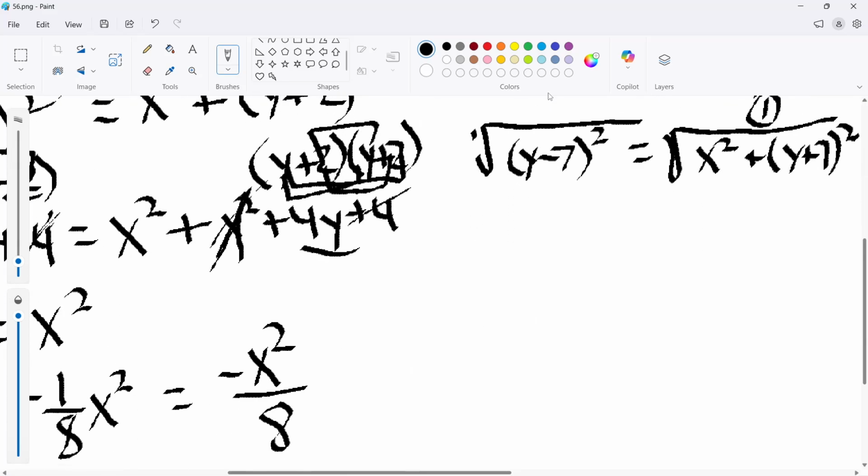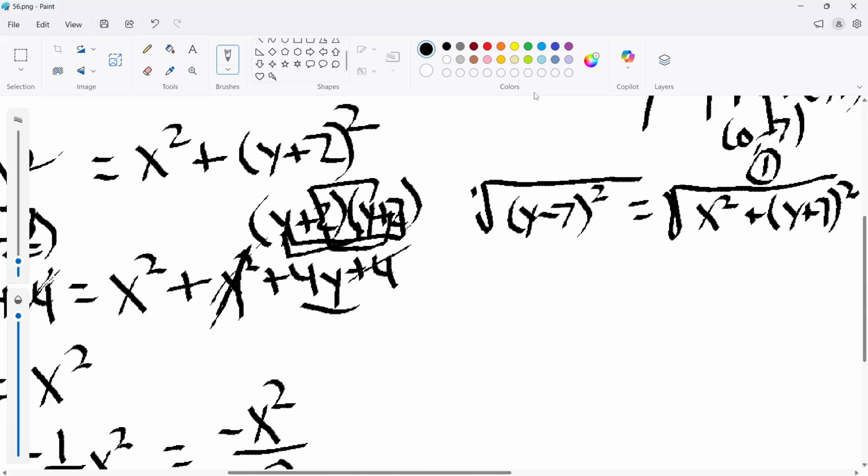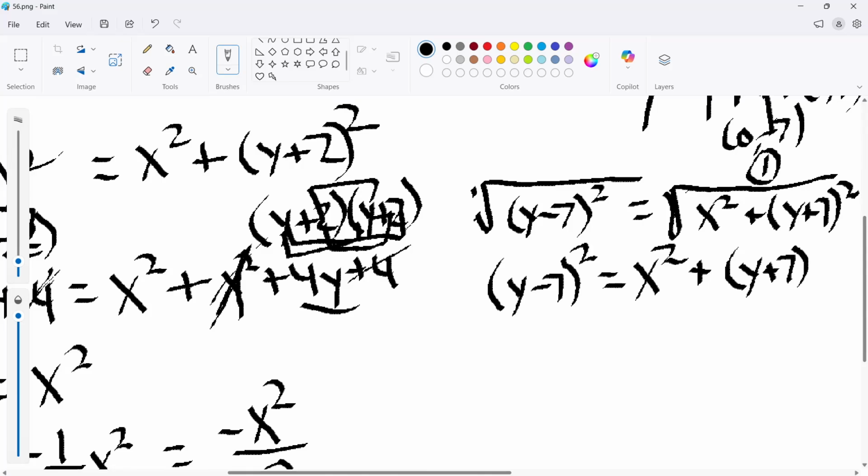And now I can just square. Sometimes I might misspeak and say square root both sides. I want to square both sides to get rid of those square roots. I get y minus 7 squared equals x squared plus y plus 7 squared. Now on this one, if you want to write y minus 7 times y minus 7 and FOIL it, you can do that.